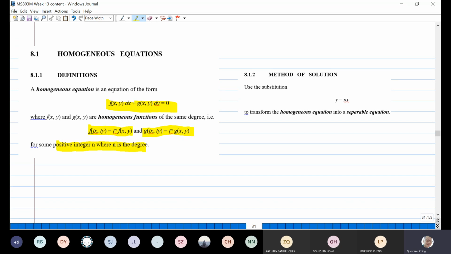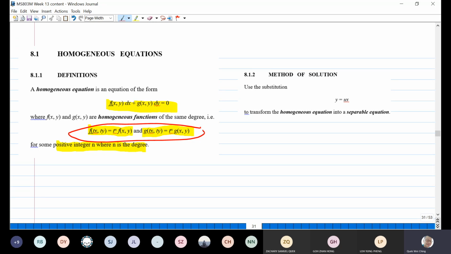How do you know it's a homogeneous differential equation? What's the key point? If you manage to show this, you know it's a homogeneous differential equation.